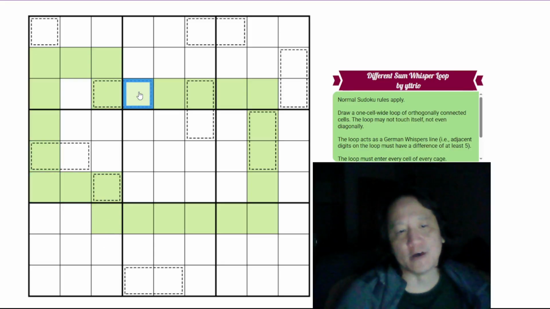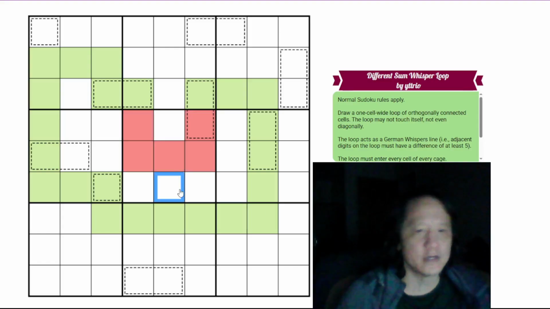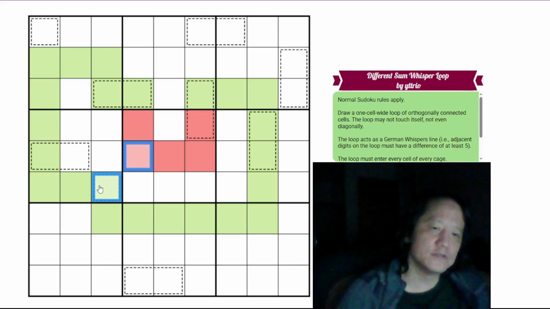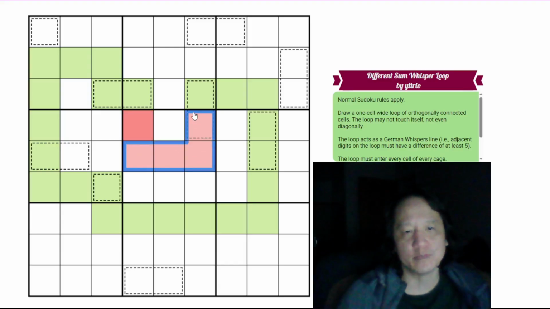What would not be valid is something like, what if we had this? This would not be valid because these 2 cells share a corner, but they do not share a neighbor, and they are not neighbors on the loop. So this is why that would not be valid.